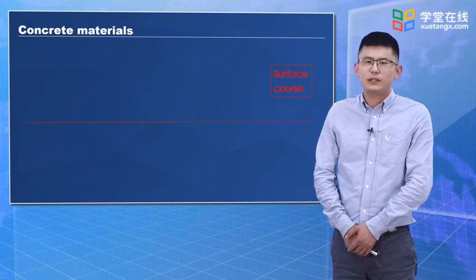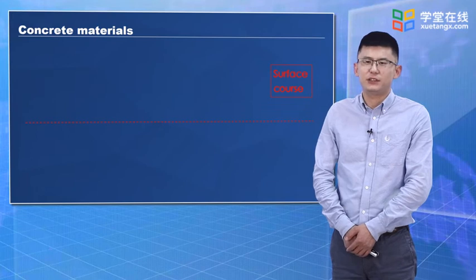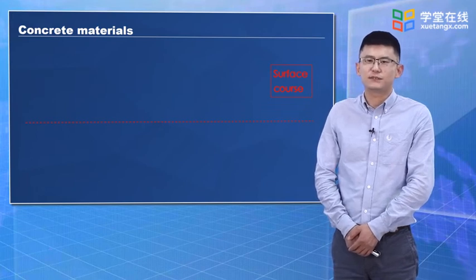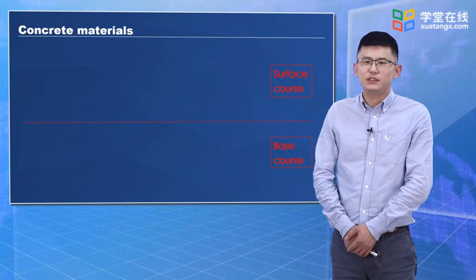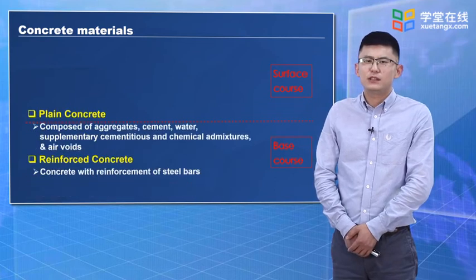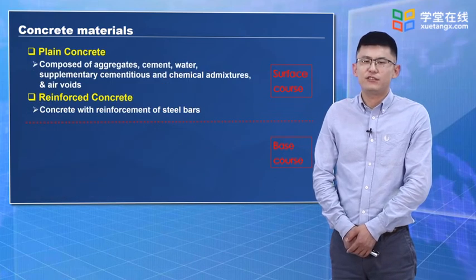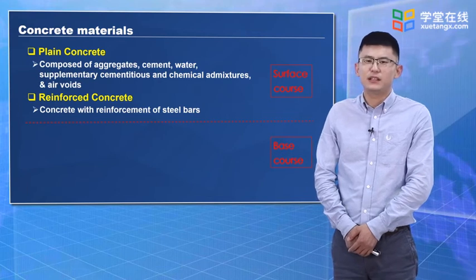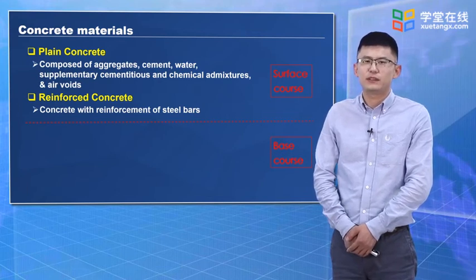Generally, concrete materials, when they are used in pavement engineering, can be used for the surface course. They can also be used for the base course. For the surface course, usually we have the plain concrete and the reinforced concrete. So what is the plain concrete?